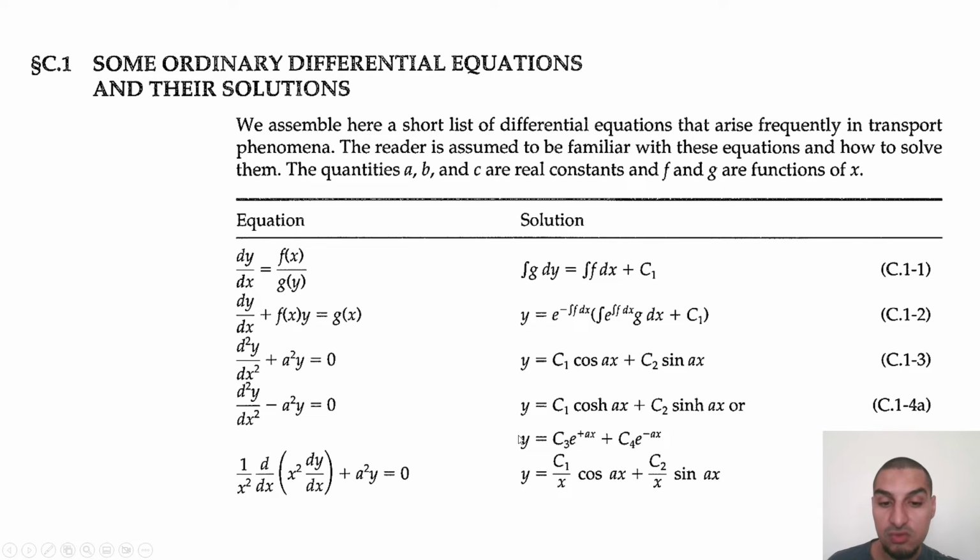These are two different solutions for the same problem, and of course this makes sense because cosine and sine are originally exponential functions. So cosine is exponential ax plus exponential negative ax divided by 2, and sine is the difference divided by 2. So it's more or less the same, but there are cases where it's better to use the first form, and there are cases where it's better to use the second form.